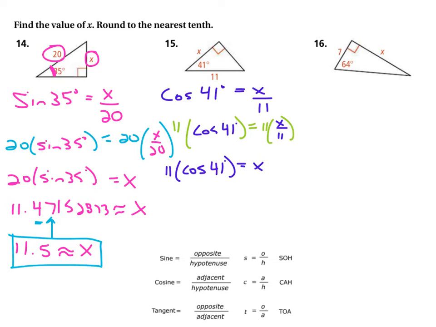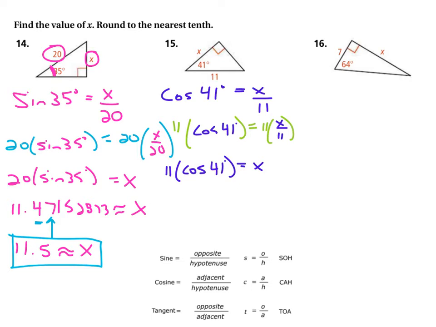And if you type that into your calculator, how do you do it? Clear everything out, hit the cosine button, you'll see the parentheses open, you'll type 41 and close the parentheses. Now, assuming that you've closed the parentheses, you can do times 11 all in one step and then hit equals. So what that should look like written on your screen is cos open parentheses 41 close parentheses times 11.